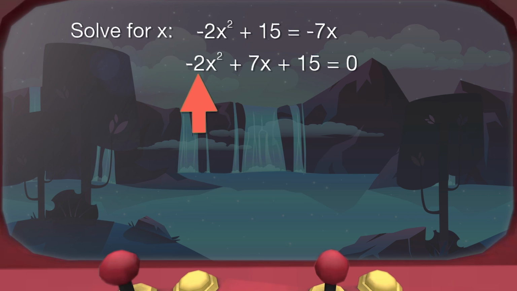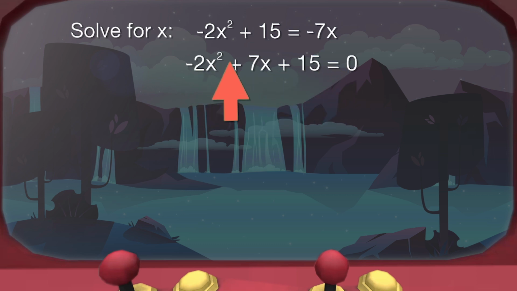Now the big difference here is that this coefficient of the x squared is a negative value. It's a minus 2. And when we want to factorize a quadratic equation, we don't want this coefficient to be a negative number. So we have a small little trick up our sleeve. We can divide all the way through by negative 1.